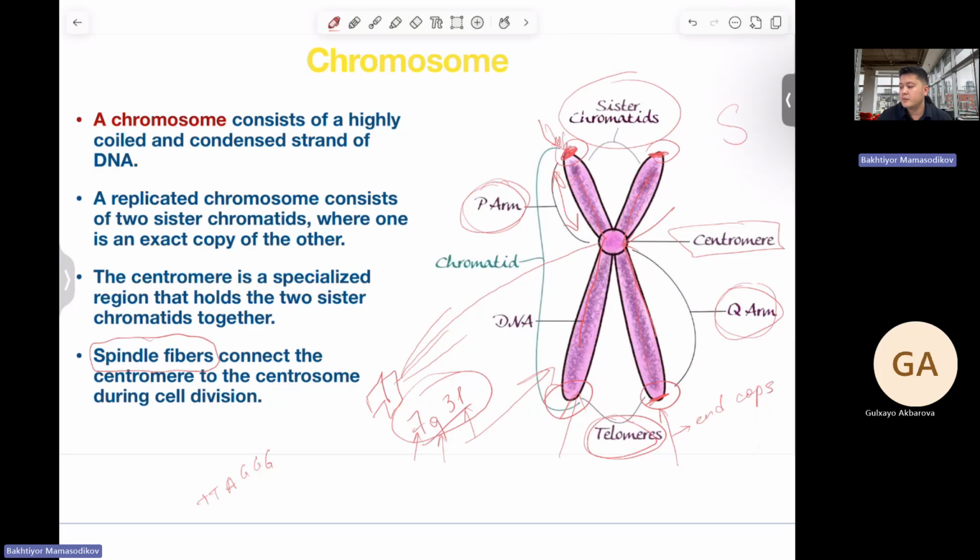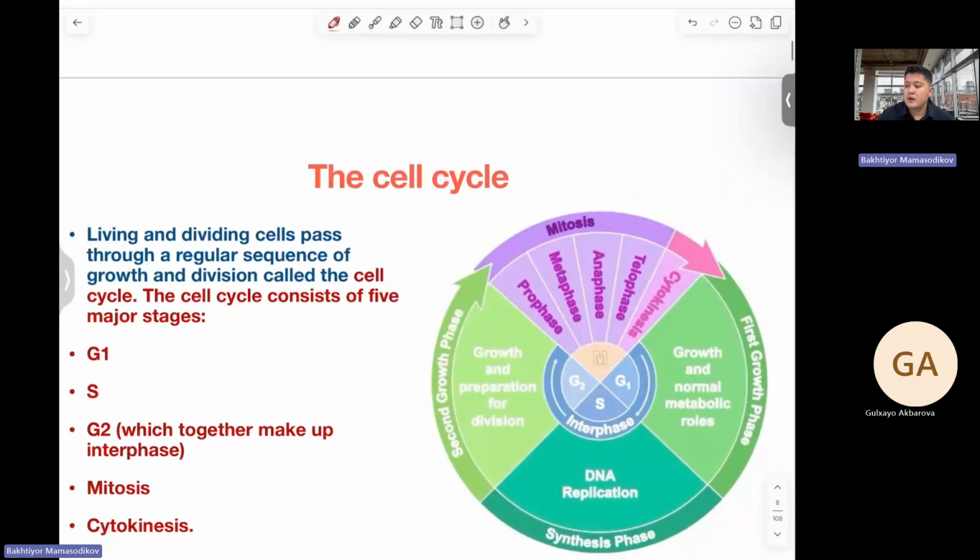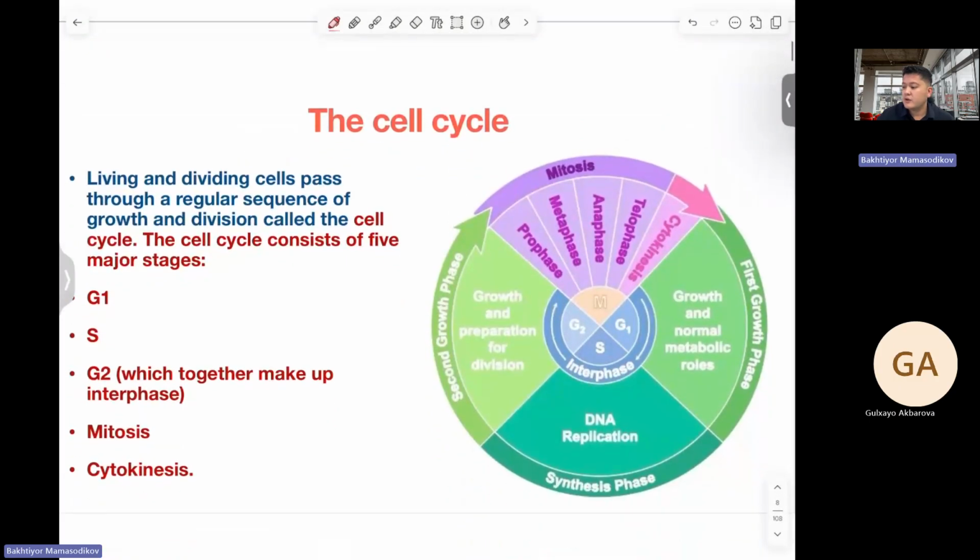One sister chromatid is half of the duplicated chromosome. And the chromosome itself is the coiled DNA, which is ready for division. I hope you understood everything. From the next lecture, we're going to enter the cell cycle, okay?